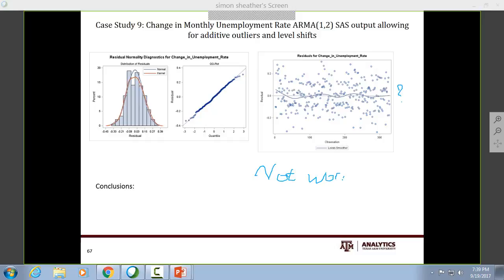They have to automatically choose the smoothing for that curve, and this is a bit undersmooth. If we made the smoothing a bit bigger, that would be the horizontal line. Okay? So I'm not worried. This is a valid model with the additive outliers and the level shifts.